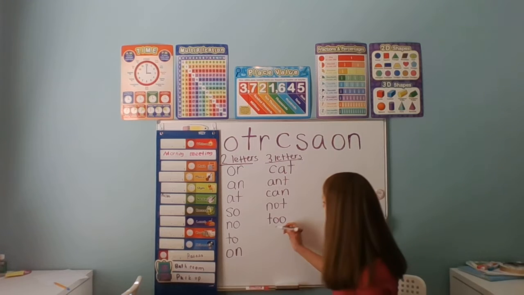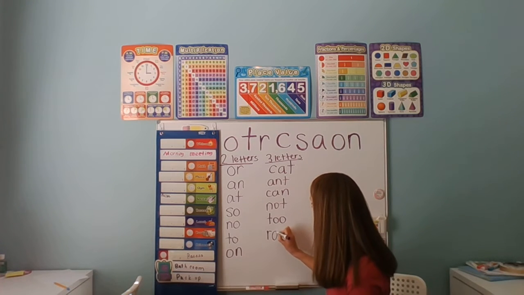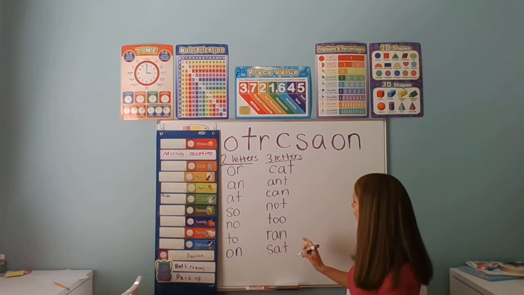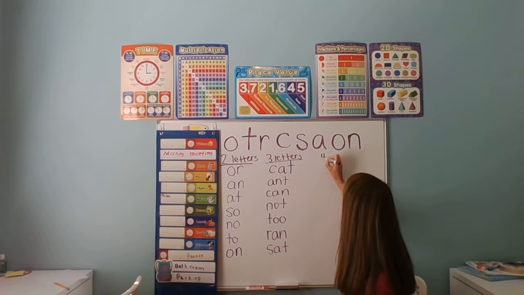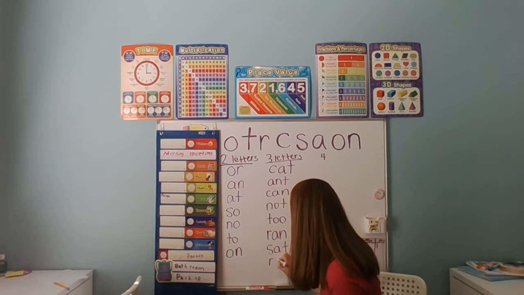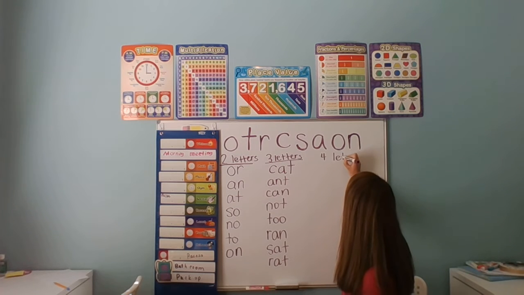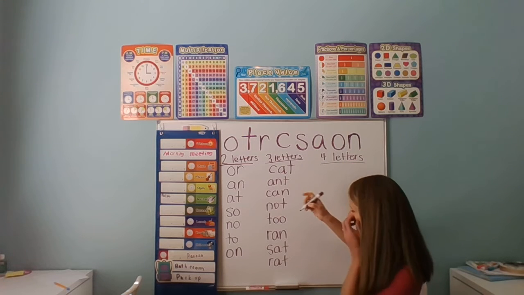Reese, did you have some others here? Ran. Okay. Sat. Rats. Okay, so now you're getting to 4 letters. Rats. Rat. And cats. You guys made some plurals here.